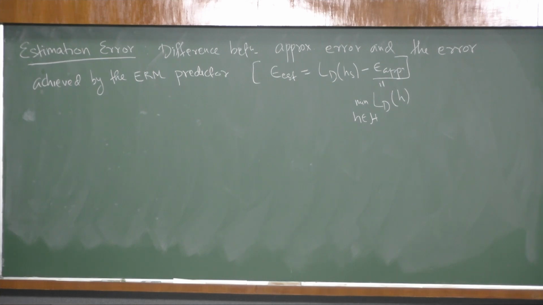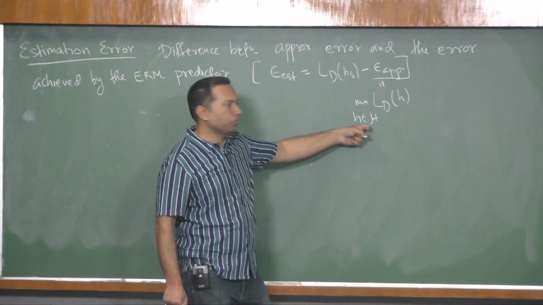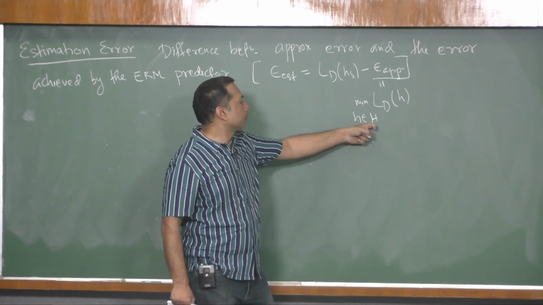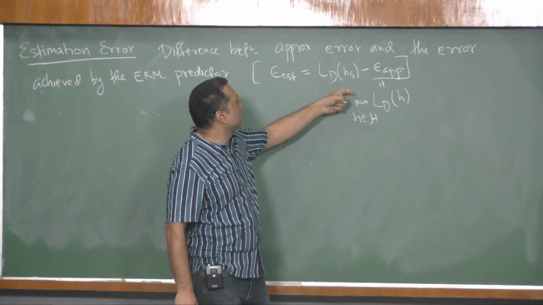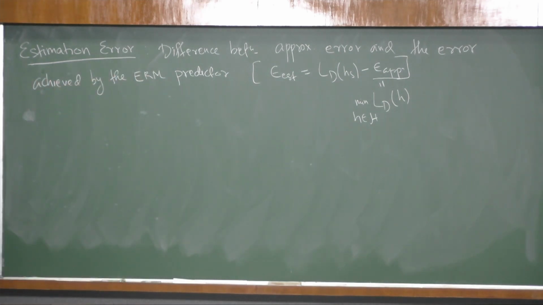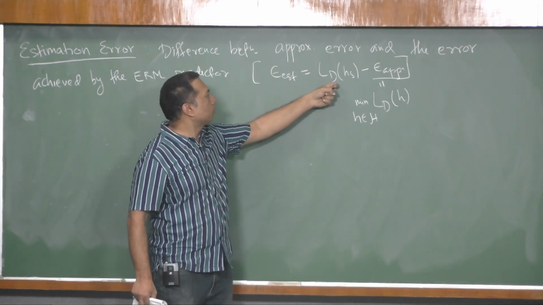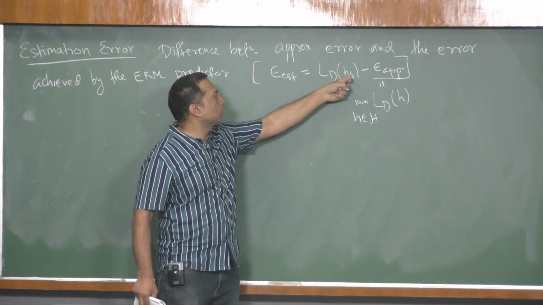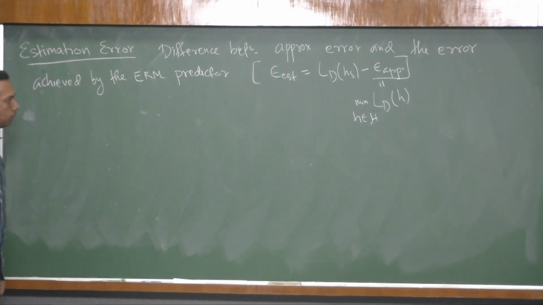So you see what estimation error means. This is the best I can do given the hypothesis class. The test error that I may have is how far from the error that I get from L_D(h). h_S is coming from the ERM predictor, which is the training process that we use.